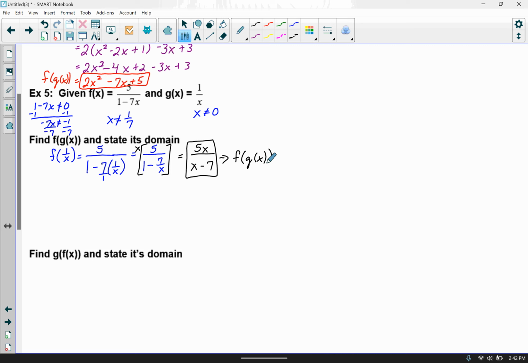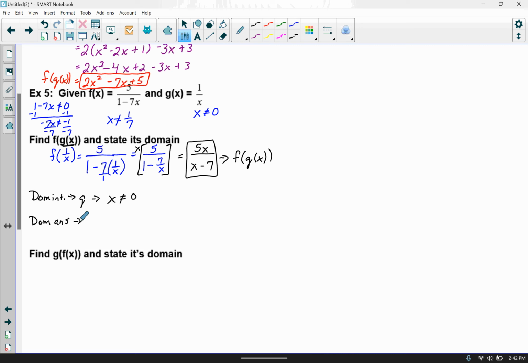Okay, so now to figure out our domain, we need the domain of our interior function and the domain of our answer. So the domain of our interior function, that was our g. And again, we've already established what that one is. X cannot equal 0. Then we need the domain of our answer.